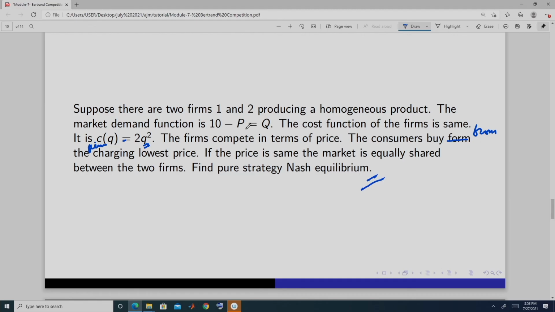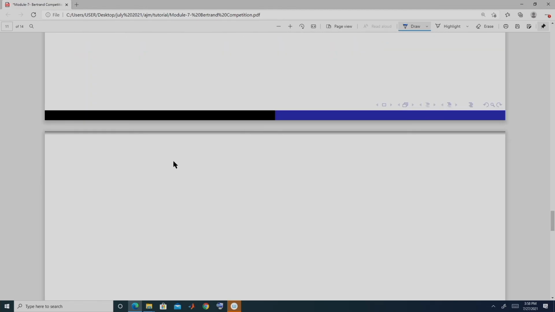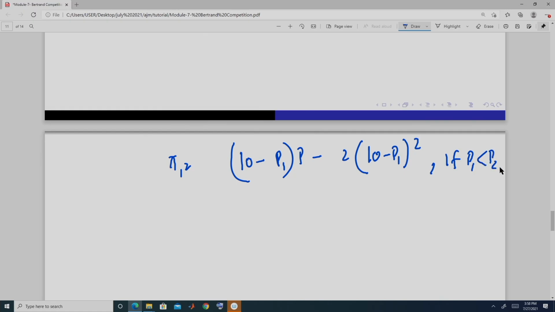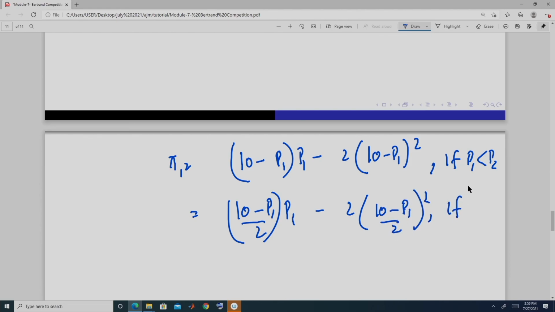We have to solve for the pure strategy. So, here again we get the profit of firm 1 is this if P1 is less than P2, and it is equal to this if P1 is equal to P2, and it is equal to 0 if P1 is greater than P2.